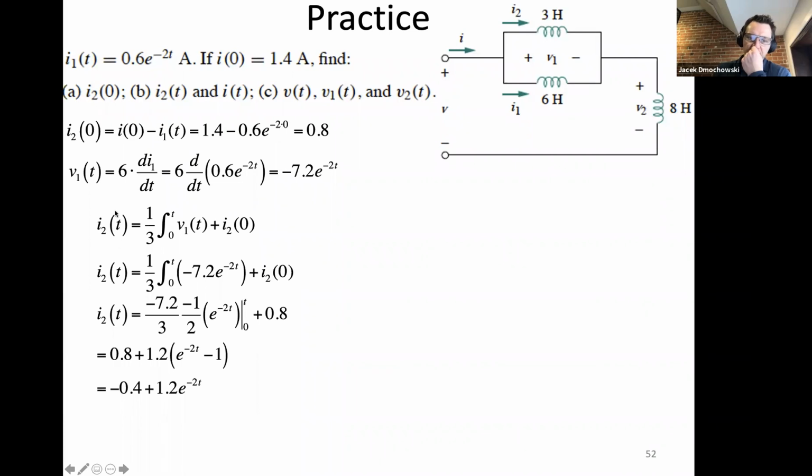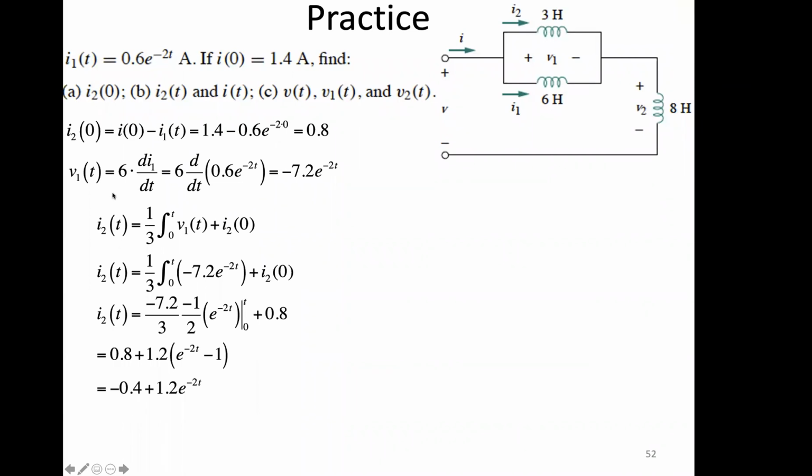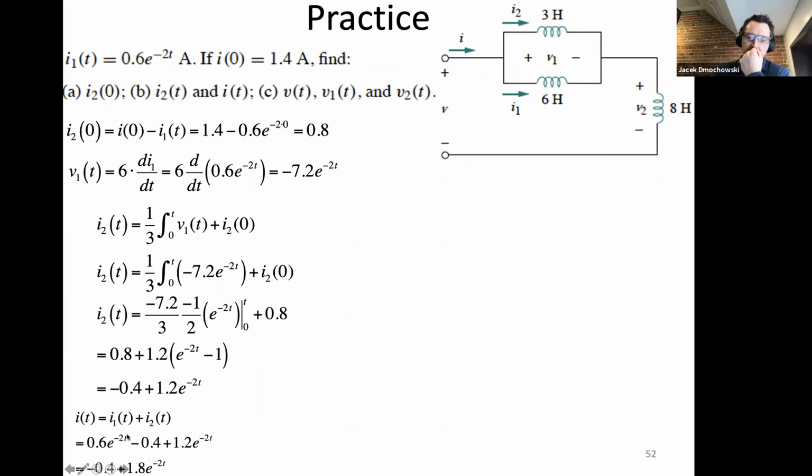Exactly. Via KCL, like was said on the chat, you add I1 and I2, so it gives you negative 0.4 plus 1.8 e to the minus 2t. So now we have I2 at 0, we have I2 of t, we have I of t, and we have V1 of t.